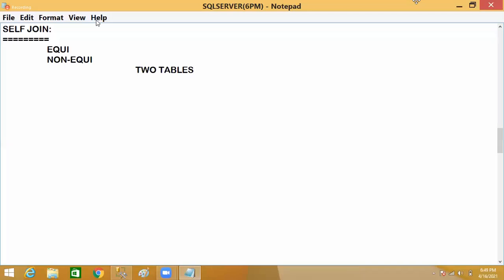How many tables are we using, guys? Here we are using two tables.